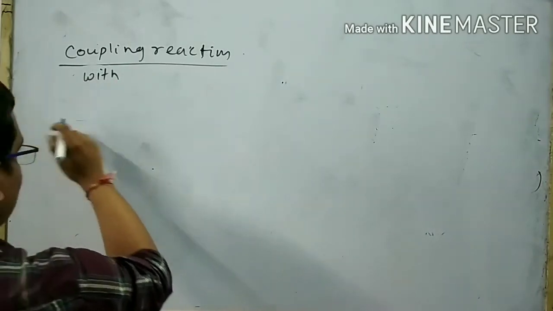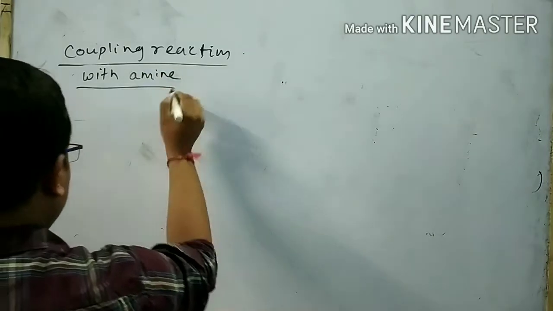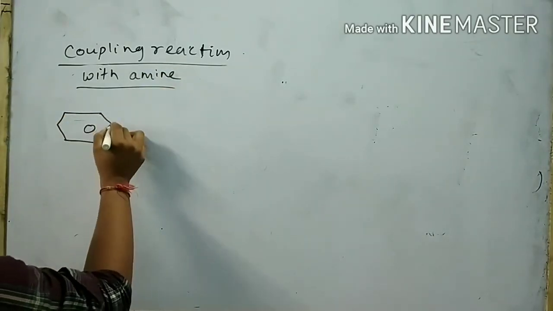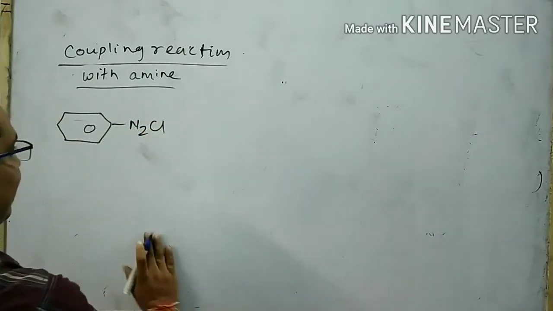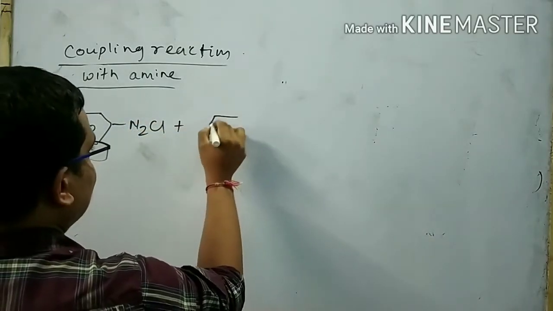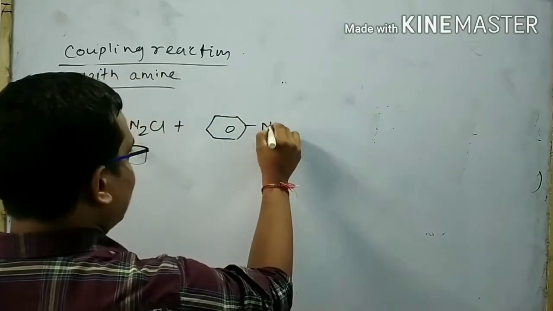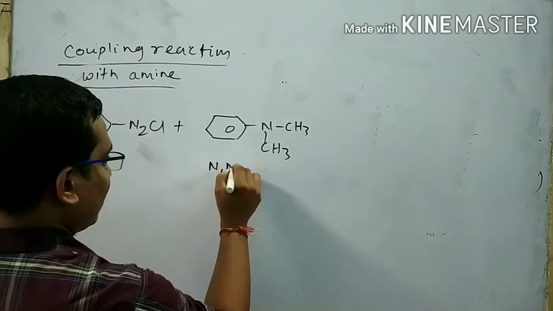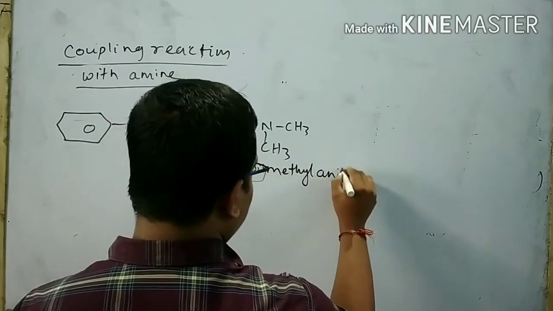Now I will discuss the coupling reaction with the amine. Take BDC. This is BDC. Now it is subjected to reaction with an amine. This is said to be N,N-dimethylaniline.